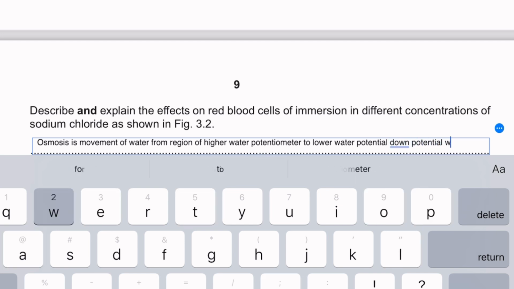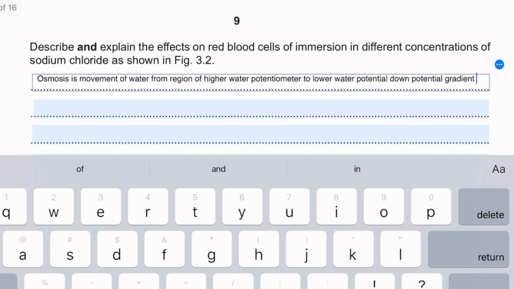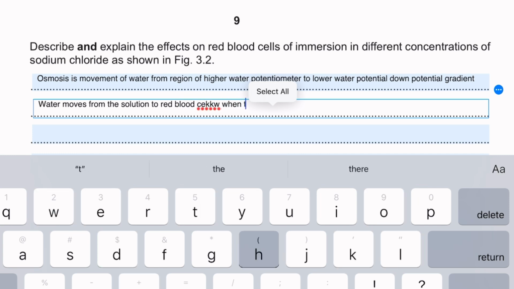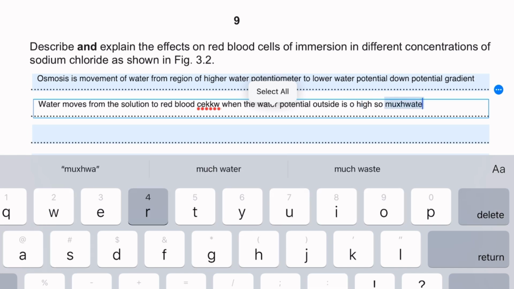Okay. Now moving on here, water is going to move from the solution to the red blood cell, when the concentration is so low, when the water potential outside is so high, so much water moves in.